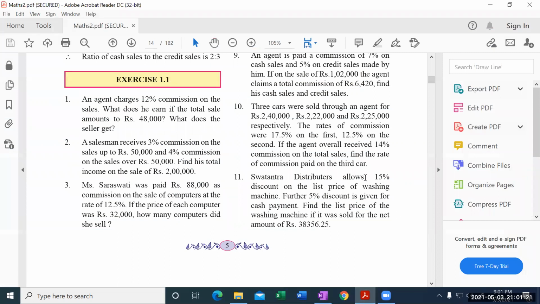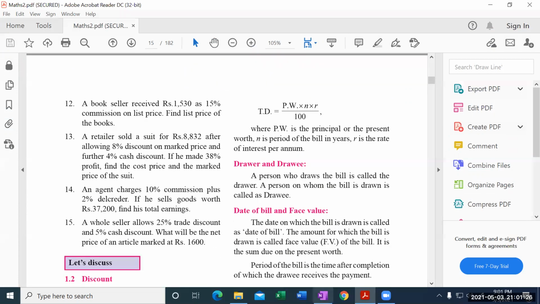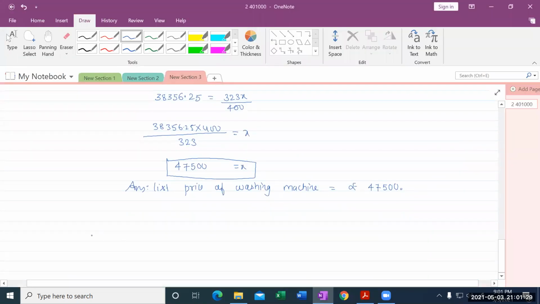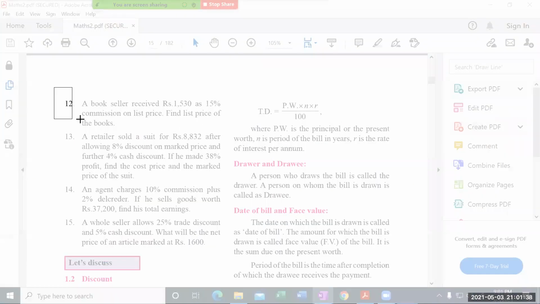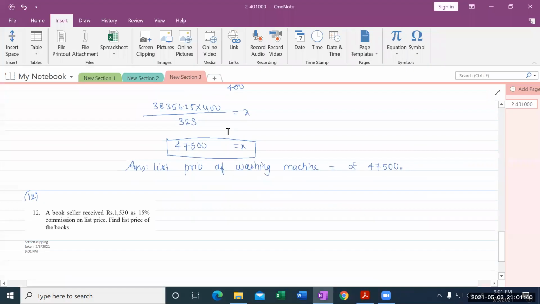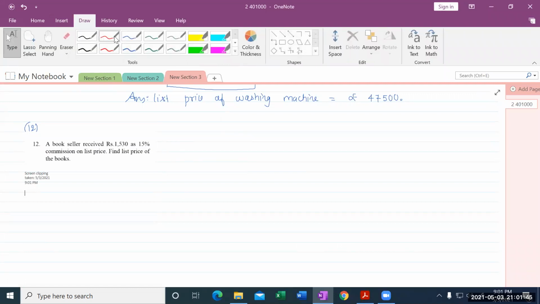Then we have the next question, 12th. A bookseller received rupees 1530 as 15% commission on the list price.